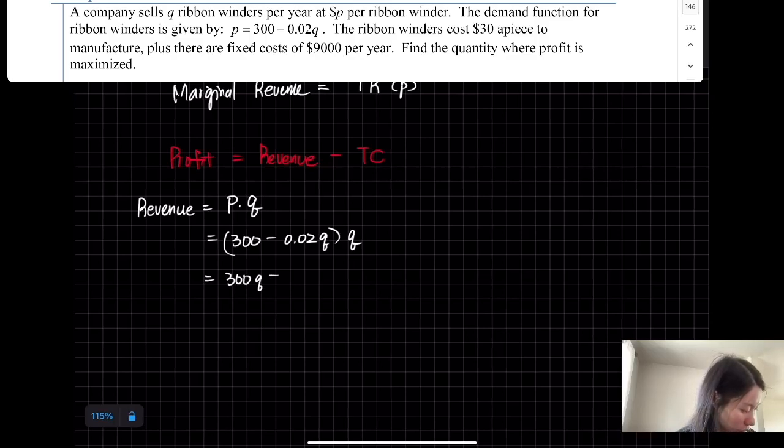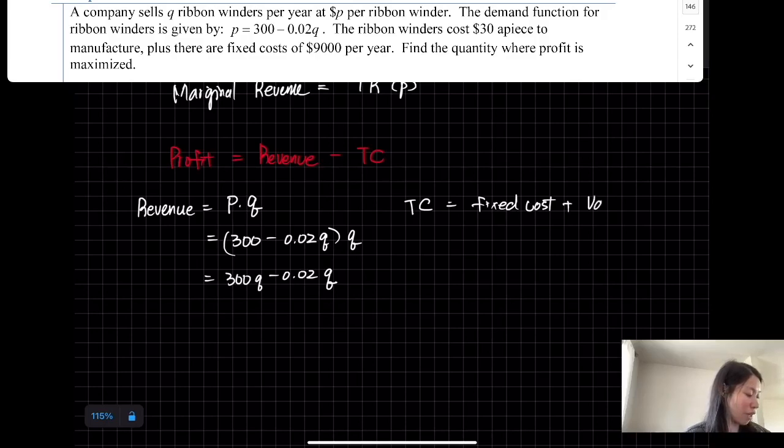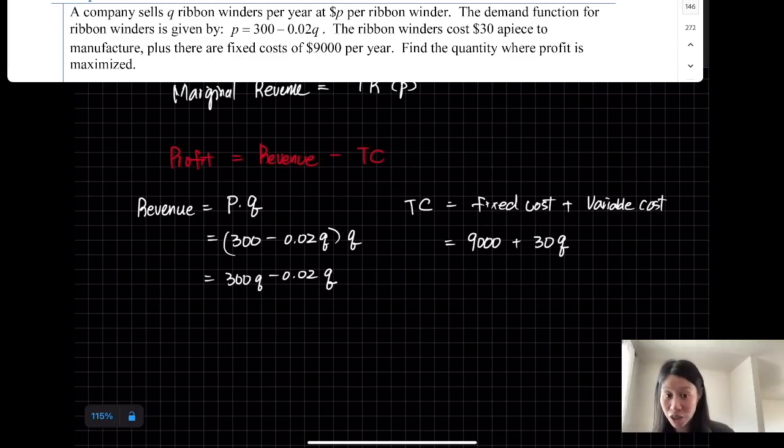Okay, after I'm done with my revenue function, I still need to find our total cost function. The total cost function has two parts, the fixed cost plus the variable cost. They told you that each year the fixed cost is 9,000, and it's going to cost $13 to produce one, so the variable cost is going to be 13 times Q. So now I have our profit function.